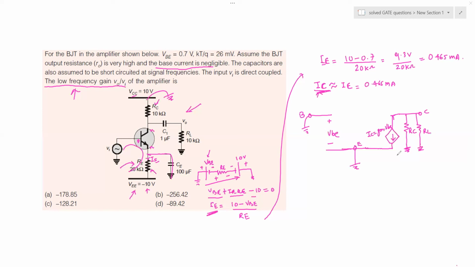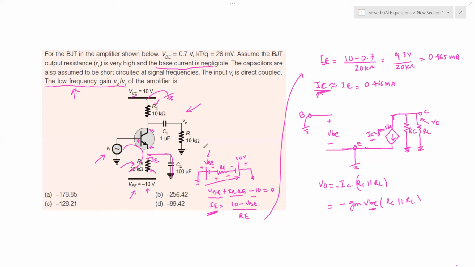Now if you see the output voltage here, which is basically this current source, it is the negative of IC times RC in parallel with RL. IC is negative GM times VBE, and VBE is nothing but your input voltage connected between base and the ground.